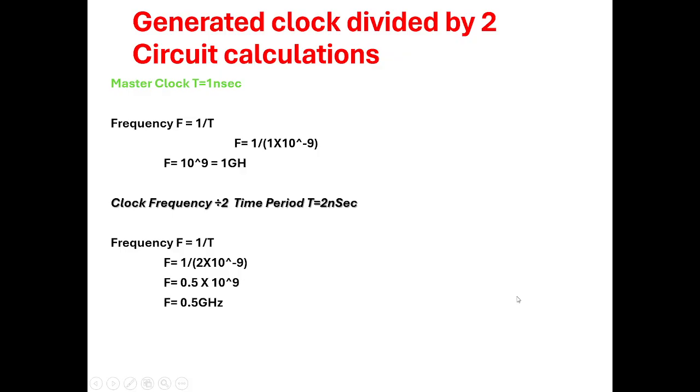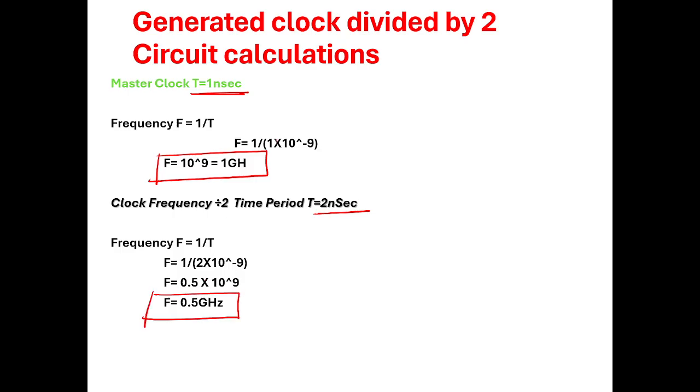So to generate the clock divided by 2, first you need to calculate. Suppose the master clock is 1 nanosecond. Then frequency equals 1 by 10 power minus 9, which is 10 power 9, so the frequency is 1 gigahertz. Clock frequency divided by 2 means the time period becomes 2 nanoseconds. 1 by 2 into 10 power minus 9 means the clock frequency is divided by 2.